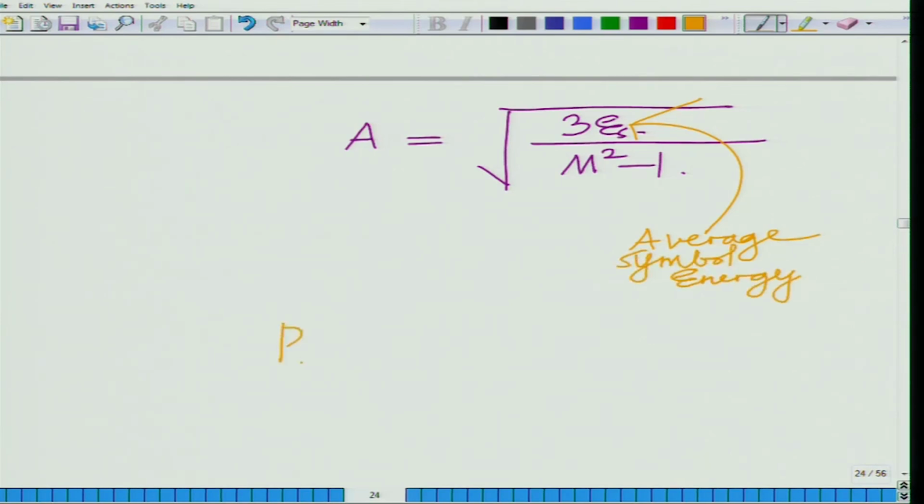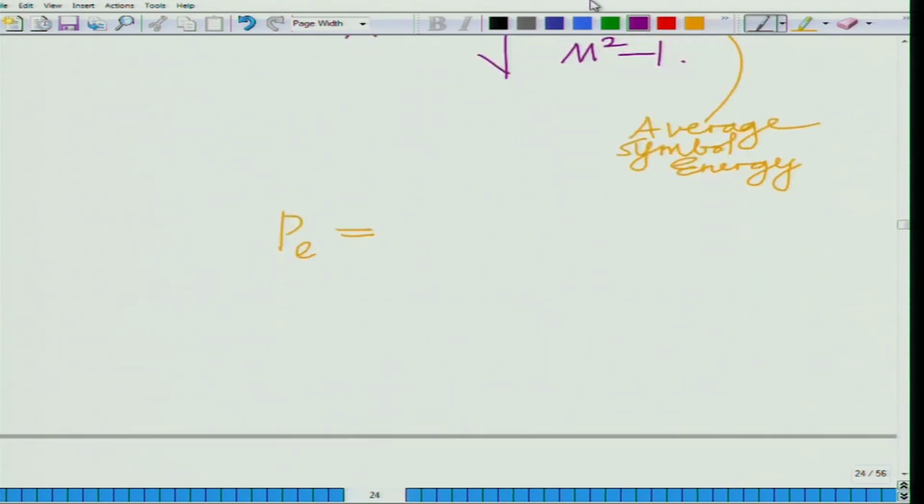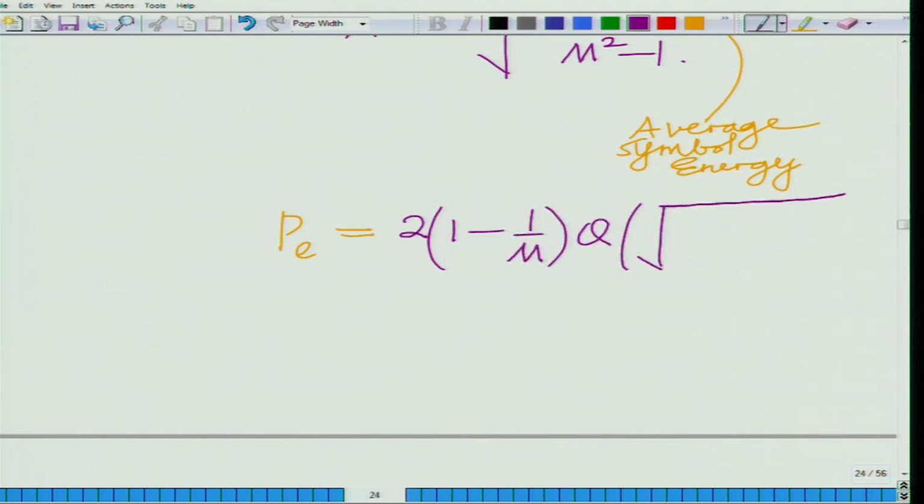So, the average probability of error, substituting the expressions for both A and N naught by 2, is twice (1 minus 1 by M) Q of square root of A square, which is 3 Es divided by M square minus 1, divided by N naught by 2.